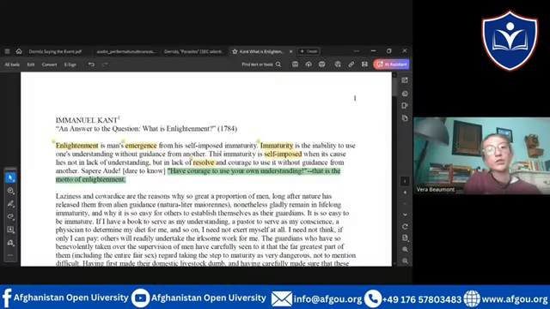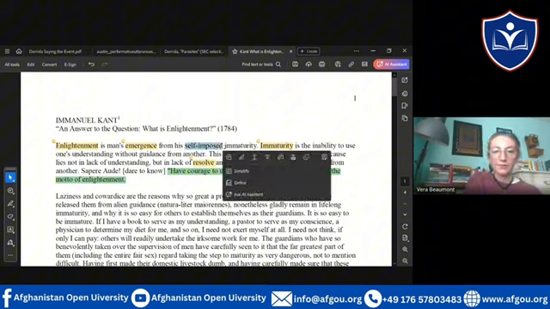A helpful tool is context, reading it in the context of the sentence or the paragraph. So enlightenment is a man's emergence, his leaving from his self-imposed immaturity. Oh, I forgot to define that. My bad. Self-imposed.